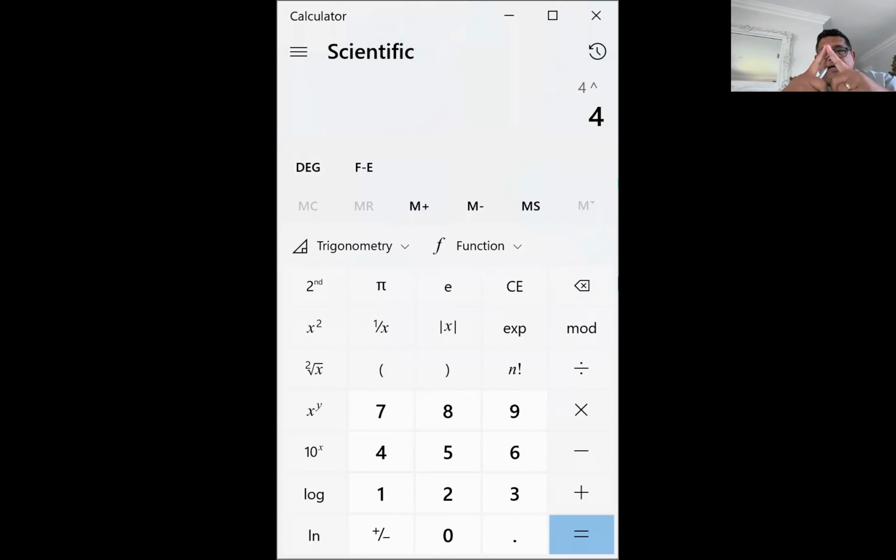Remember, we all knew that little top of a caret means raising the power. 4 to the 7th equals 16,384. Yikers. Told you we're going to do big numbers.